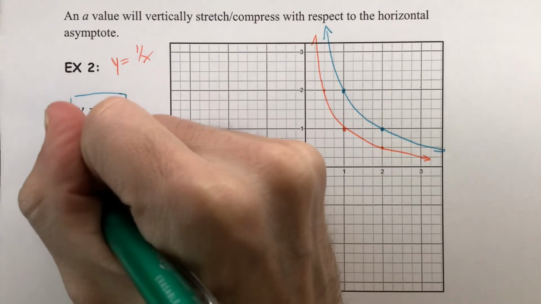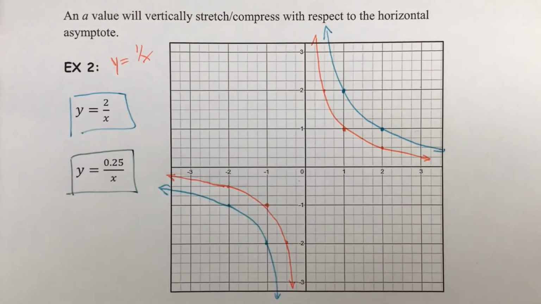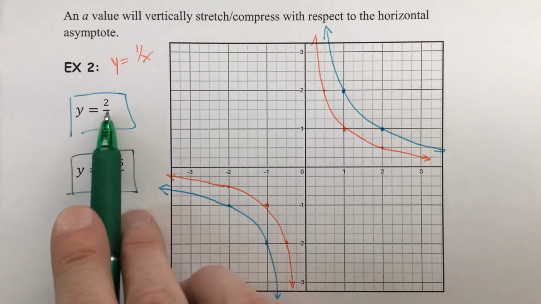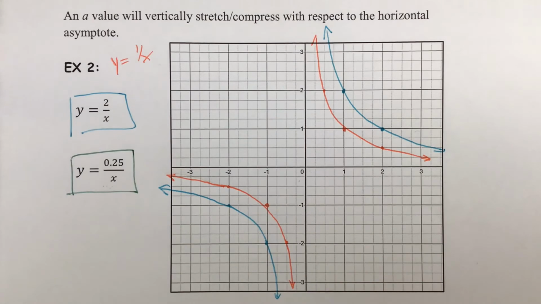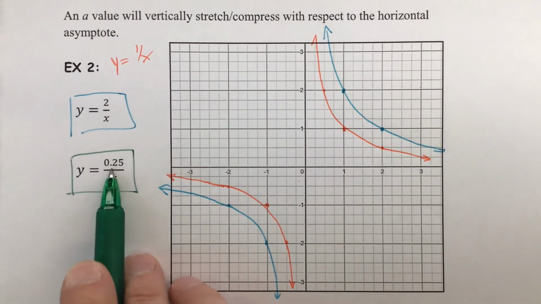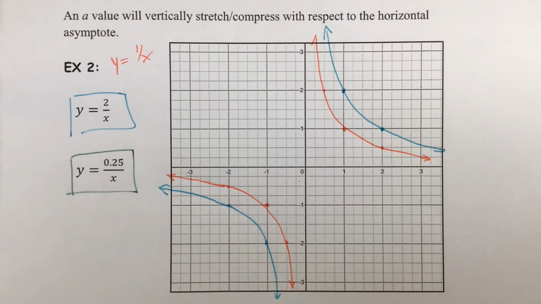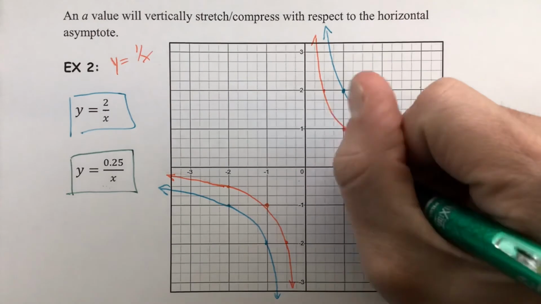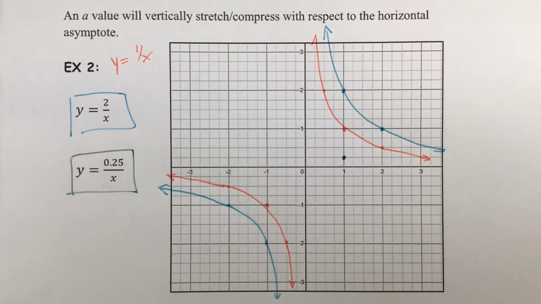All right, so let's see what happens with this guy. Now keep in mind that the numerator is the same thing as 1/4. My approach to graphing this one is to build off of what I observe here. If the 2 vertically stretches everything by a factor of 2, then the 0.25 is going to shrink everything to 1/4 of what it was. So if I were to go out to 1, instead of getting a height of 1, I get a height at 1/4.